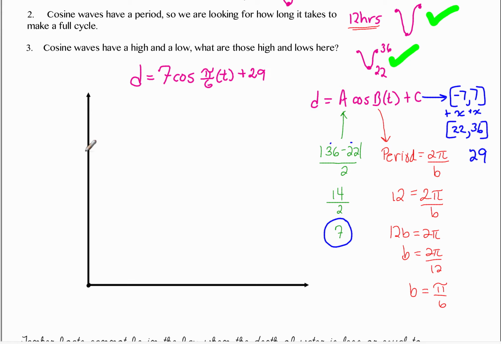So if we drew a rough picture of that, 36 is my high, 22 is my low, and every 12 hours, this is going to happen.